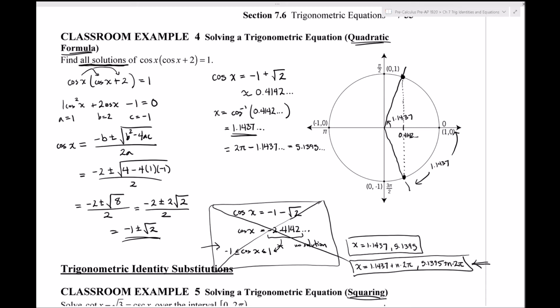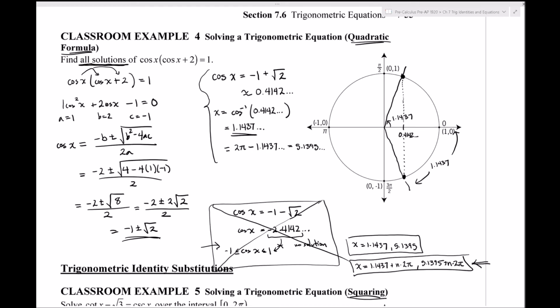The other one corresponded to a value that's not on one of the special unit circle values that we understand very well, so I had to resort to going to a calculator to find out some extra information. And the information we found out was one of the angles, 1.1437, and we used that to generate all angles that satisfied this property. There's quite a bit of stuff there.